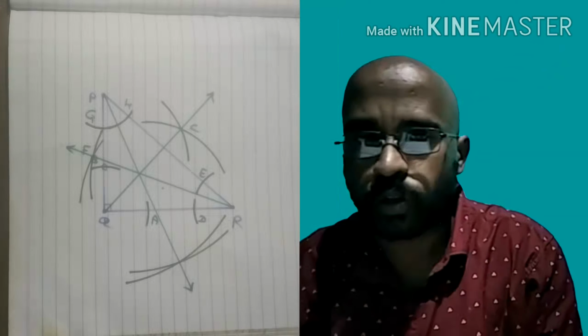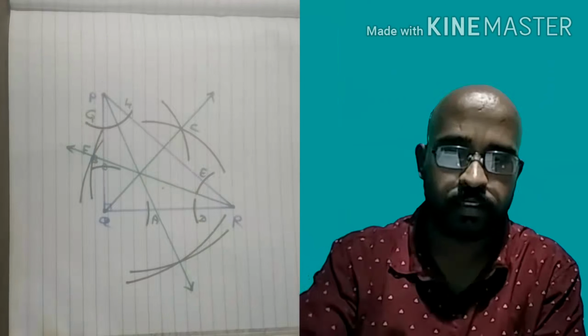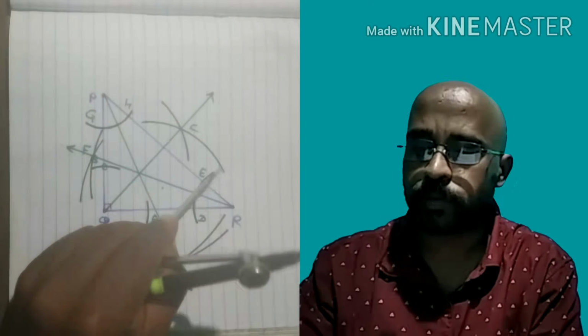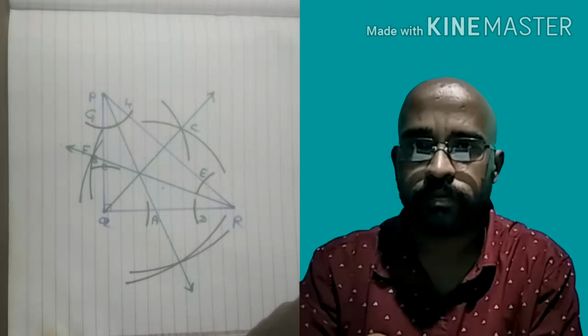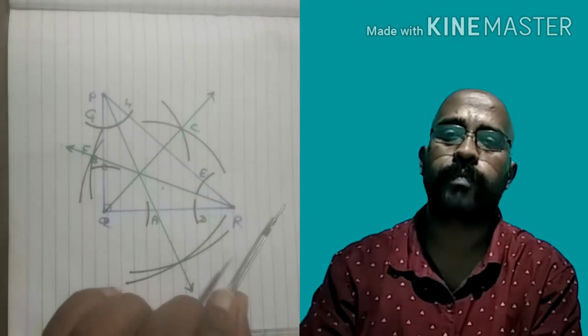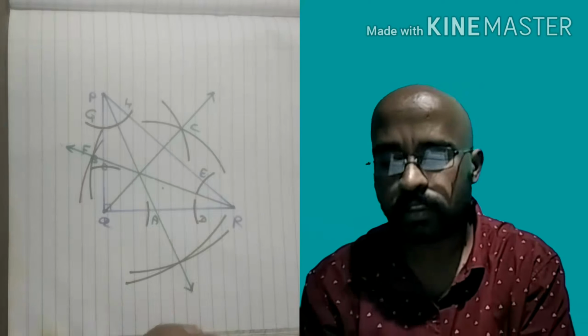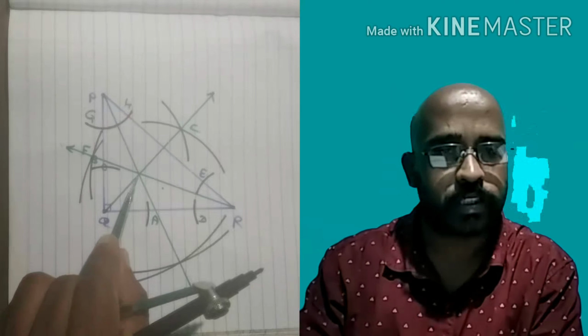Okay students, so why did I tell you to increase the distance in the compass such that the projected arc will go out of the triangle? Because students, whether it is an acute angle triangle, right angle triangle, or obtuse angle triangle, their incenter will always be in the interior of the triangle.